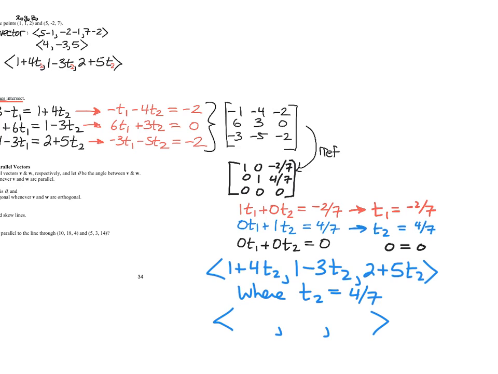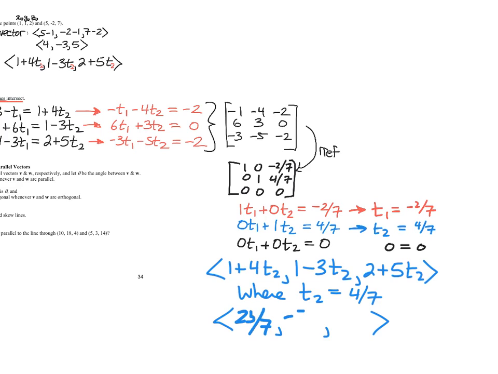So 1 plus 4 times 4/7, ugly decimal, so math bracket, 23/7. One minus 3 times 4/7, and this is just because I want to take a break from thinking.